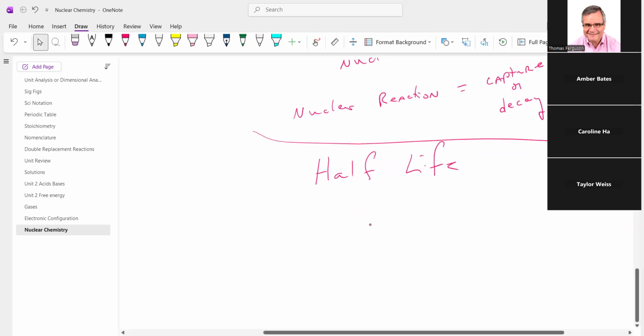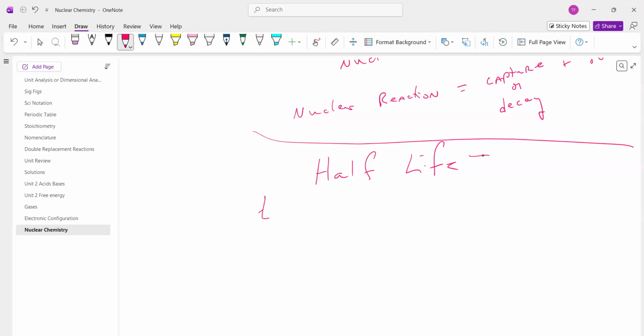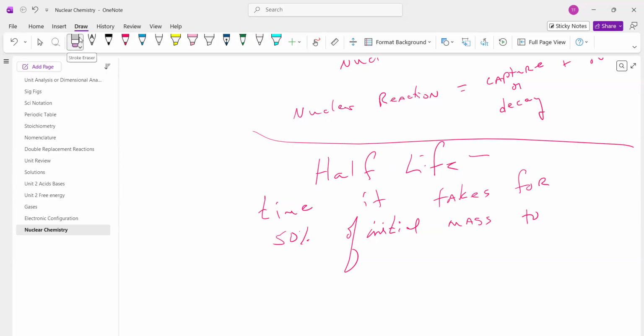Okay, so by definition, half-life is the time it takes for the initial mass to reduce to 50%.